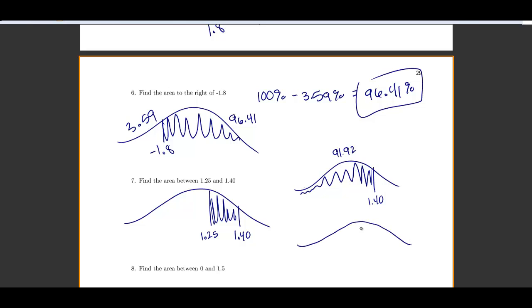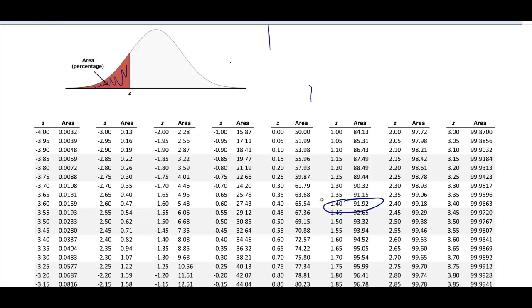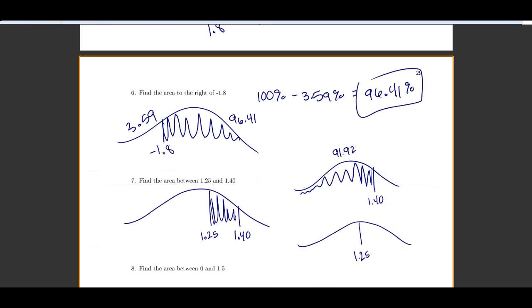Well, what if I look up the area of 1.25 on my table? For 1.25, the area is 89.44. But that's from 1.25 all the way over the left. So I still don't have what I wanted, which was the area in between the two. So how am I going to find this area?